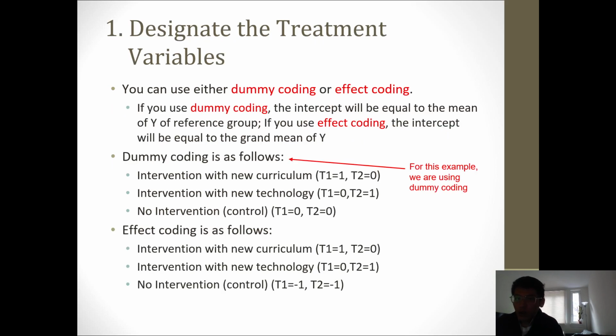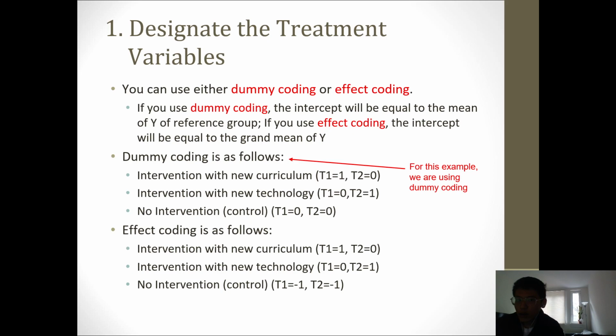First we need to designate the treatment variables. You can use either the dummy coding or effect coding. Those two coding schemes are introduced in the qualitative variables; you can check the slides in Lab 5 and you will find useful information there.